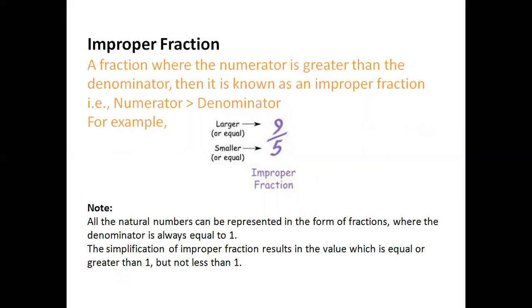So that's why it is an improper fraction. Likewise, 13 by 6, 15 by 4, 20 by 17, these all are improper fractions. Note that all the natural numbers like 1, 2, 3, 4 can be represented in the form of fractions, where the denominator is always equal to 1. Yes, it should not be less than 1. It should always be equal to 1.